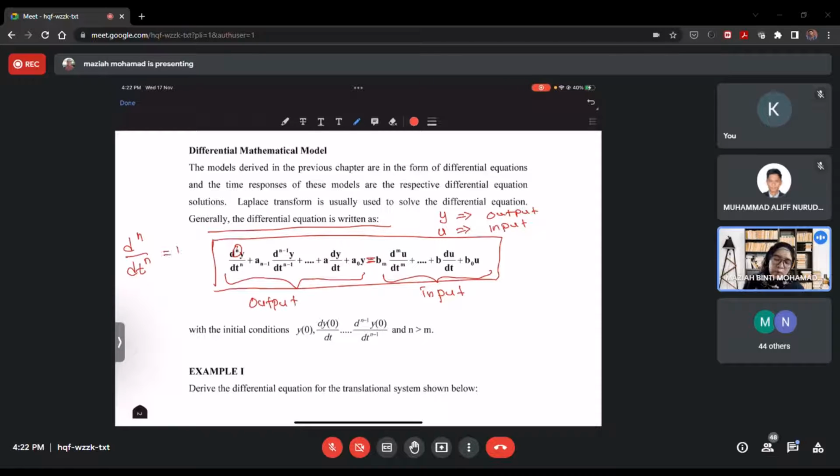This is also equivalent to D^n y, because d over dt is the differential operation, so we replace it with D. D is the differential operator. We can simplify the equation because it's easier to write capital D as compared to writing d over dt.